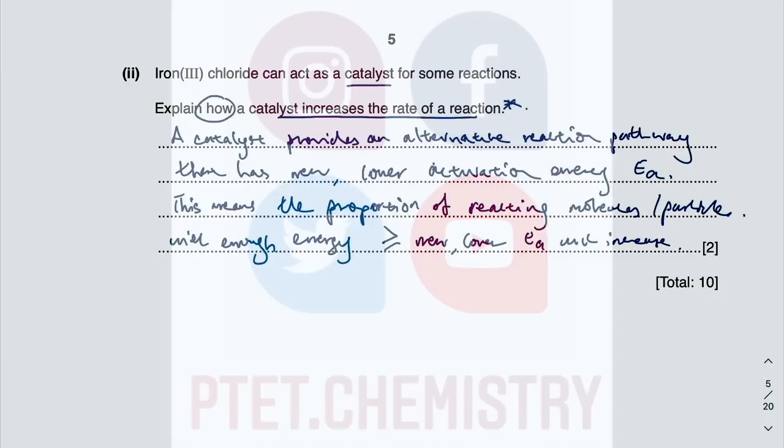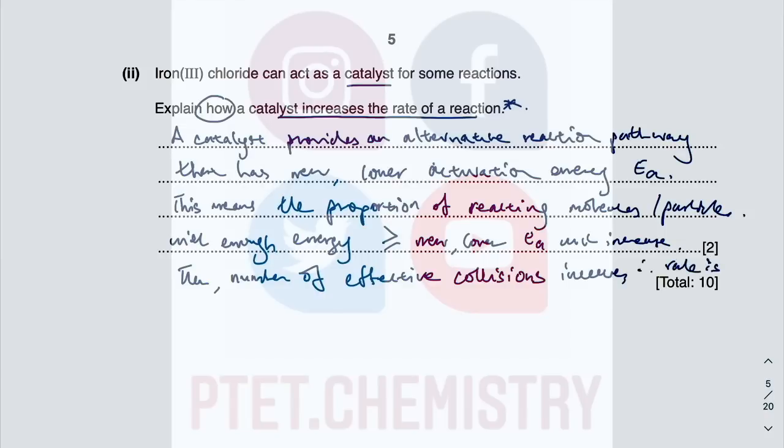If that is true, then the number of effective collisions, which essentially refers to successful collisions, will increase. Therefore, rate is increased. The reaction gets faster because rate increases.